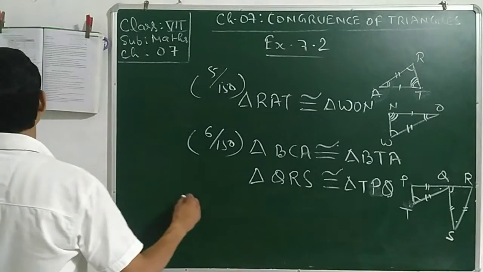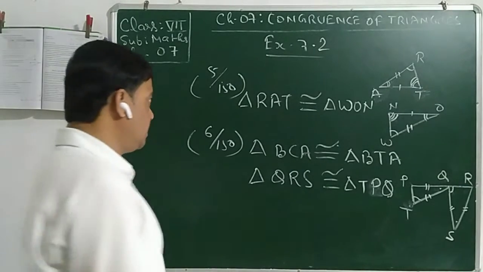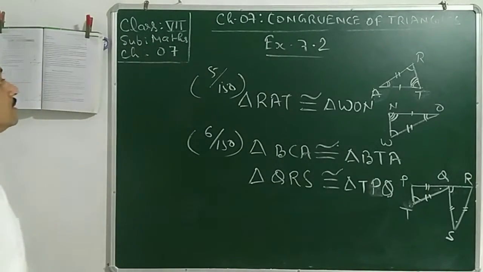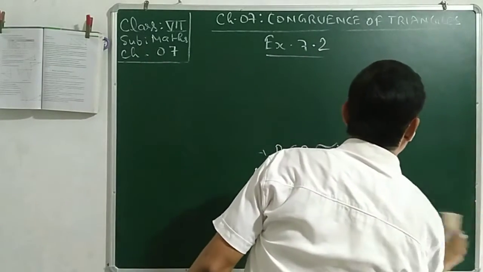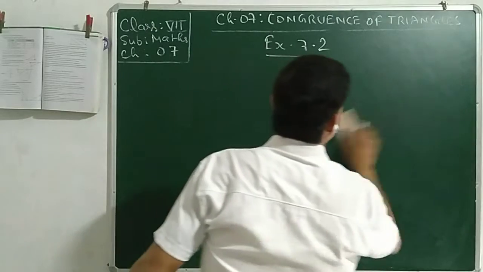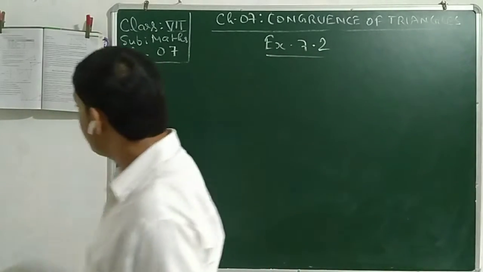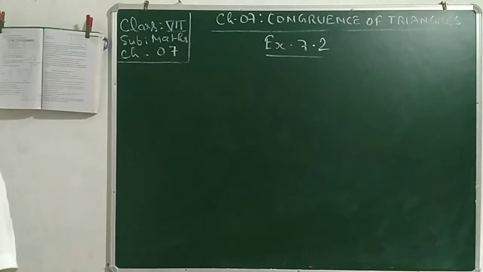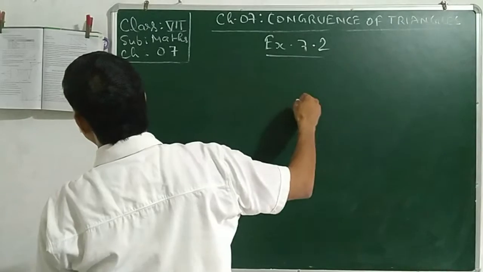Now come to the 7th number sum. It will need the entire board. It will rub the board. In the 7th, you are asked, in a square sheet draw two triangles of equal area.